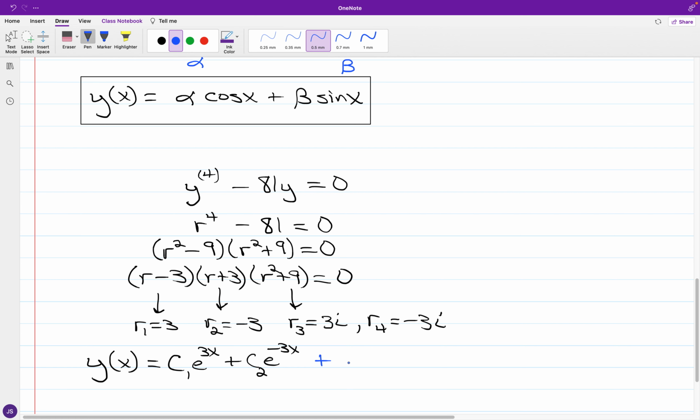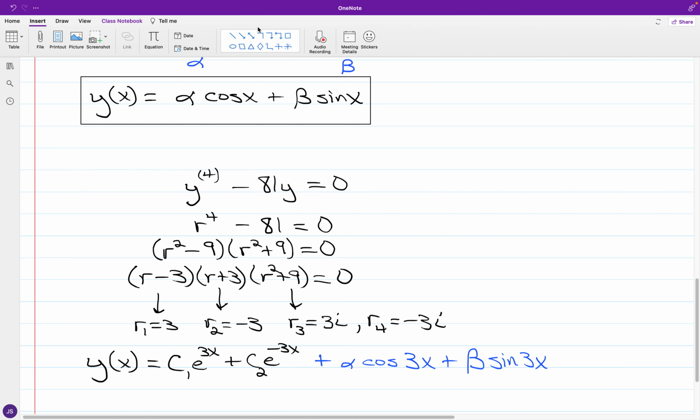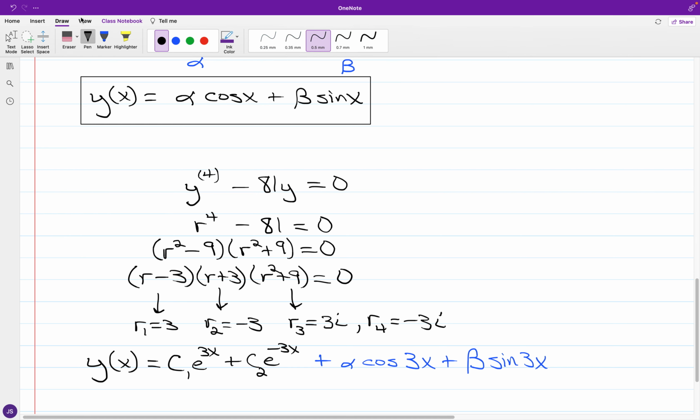So you have alpha times the cosine of 3x plus beta times the sine of 3x, and that is going to be what we have for the general solution.